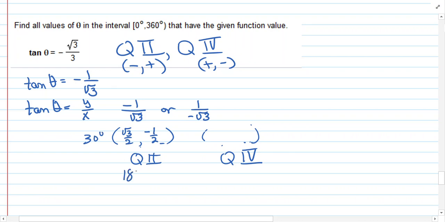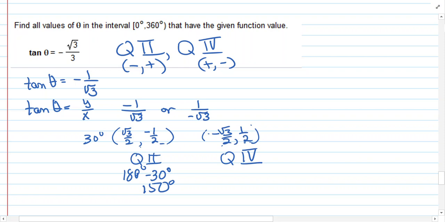So this is 180 minus the 30 degrees. So that would have 150 degrees. And this would be a negative square root of 3 over 2 and the 1/2.